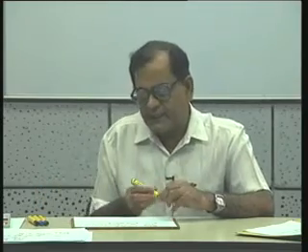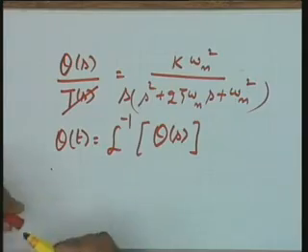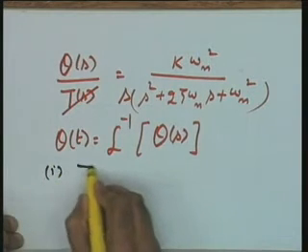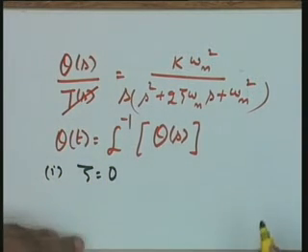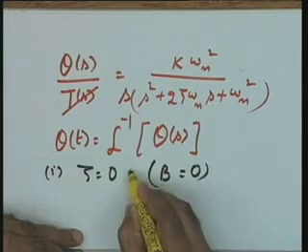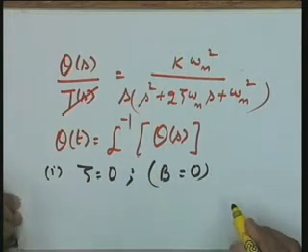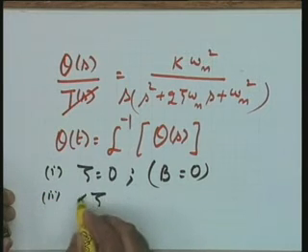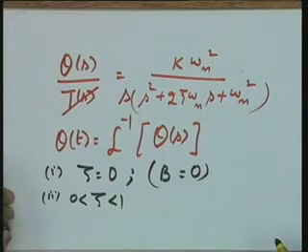I will take up 4 cases. Case 1 will correspond to zeta equal to 0. You see that zeta equal to 0 is a case corresponding to b equal to 0, that is no damping, the undamped case. The second case I will take zeta greater than 0, less than 1.